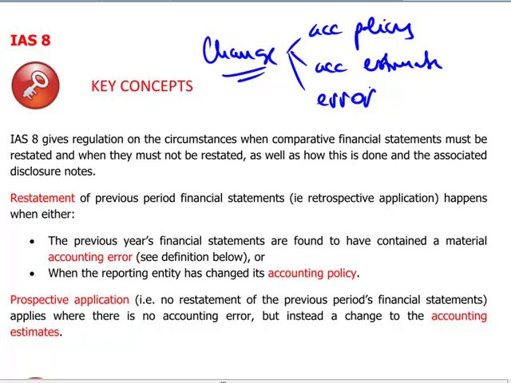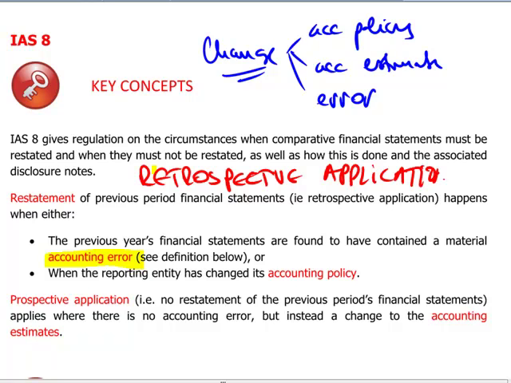The same accounting treatment I will use whenever we discover an accounting error. That is called retrospective application. And we will do this every time there is a change in an accounting policy or we find an error.